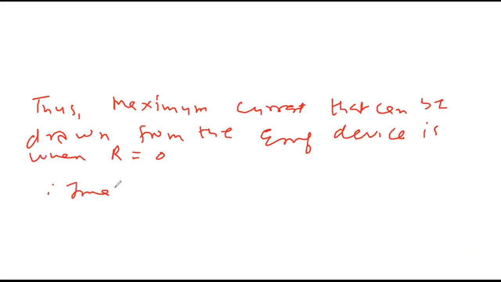So I maximum is always battery का EMF upon r. See books में ऐसा दिया है epsilon sign, but to make it easier I am writing E. Both are same. E by r. Write this. Maximum current is E by r.